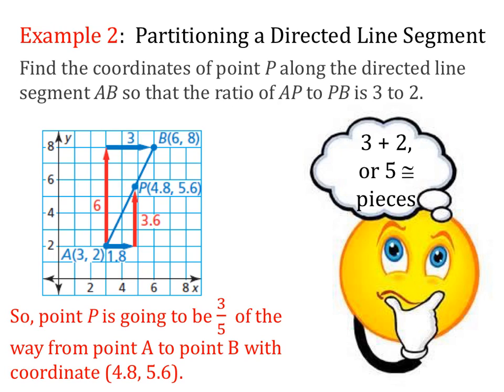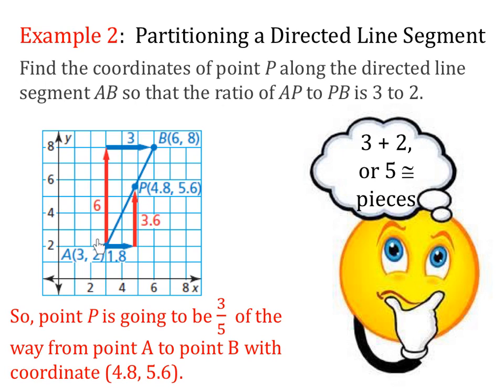All right, so let's take a look at where we would place P along this segment AB. And if it's a total of 5 pieces, because I've added the 3 and the 2 to get my 5, I want 5 congruent pieces. Well, P is going to be 3 of those pieces, so that length is going to be 3 out of the 5 pieces. So how do I figure out where I'm going to place P on the segment AB?